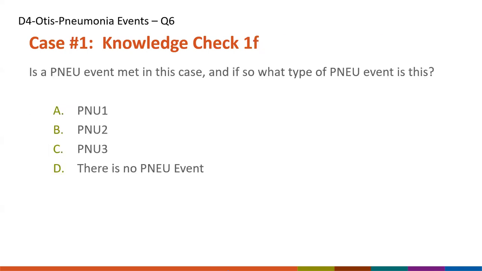Knowledge check 1F. Is a new event met in this case? If so, what type of new event is met? Is it A, new 1, B, new 2, C, new 3, or D, there is no new event in this case?